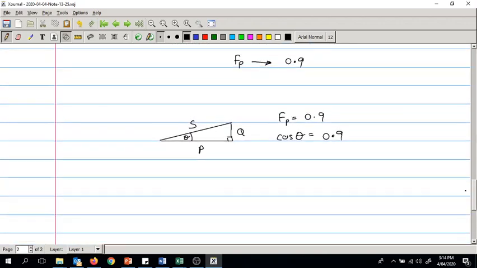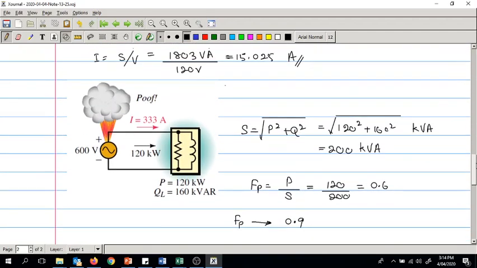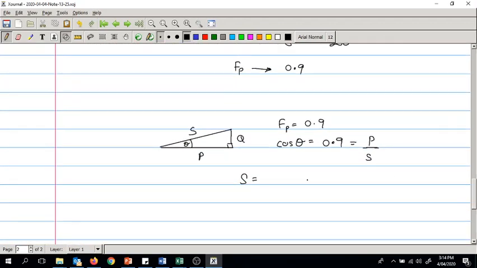We know the P, so cos theta is equal to P over S. So our new S is equal to P, which is 120 kilowatts, divided by 0.9, which is 120 divided by 0.9, is 133, right?